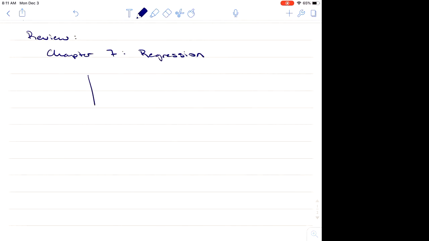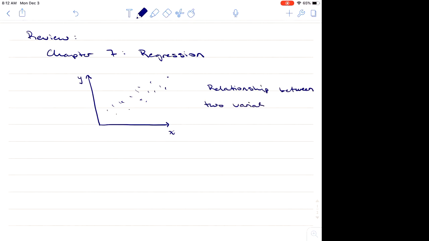And we said, okay, if we have something like this, a scatter plot, we're looking at the relationship between two variables, X and Y. And we said, just as a rule, on the y-axis you're going to have the response variable, and on the x-axis we're going to have the explanatory variable.